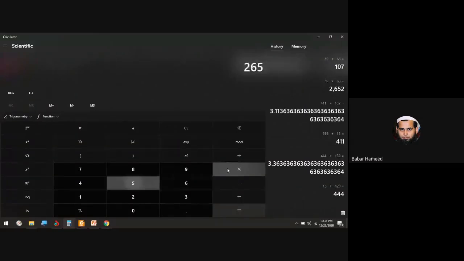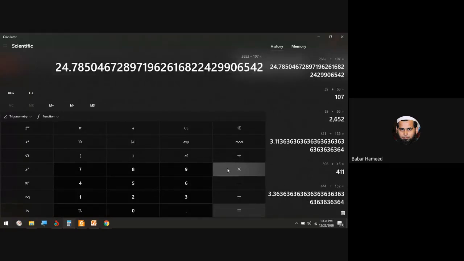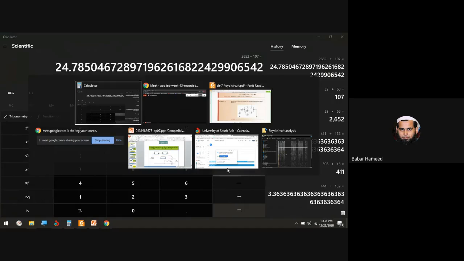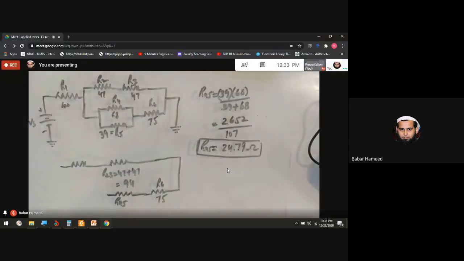So 2652 divided by 107 will be equal to 24.79 ohm. So here R45 is equal to 24.79 ohm. Approximate.